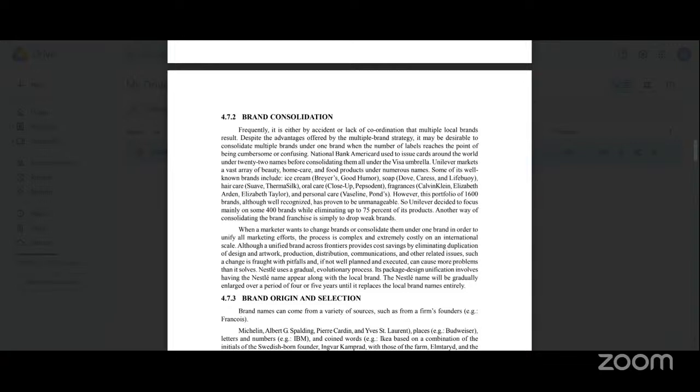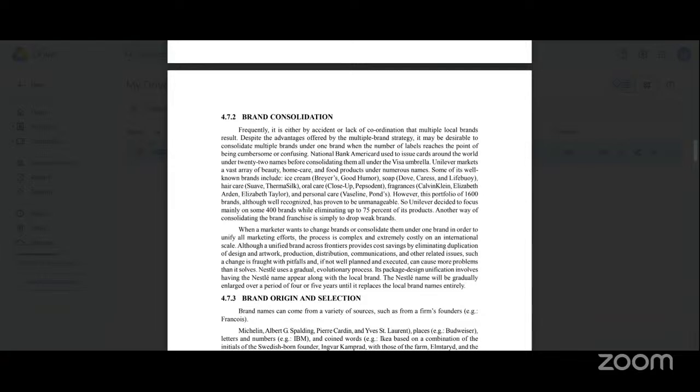So it is like a home brand or umbrella brand under which there are multiple brands. So the number of brands may reach the point of being cumbersome or confusing. So National and American Express, what do they do? They try to issue cards around the world a vast number of times.